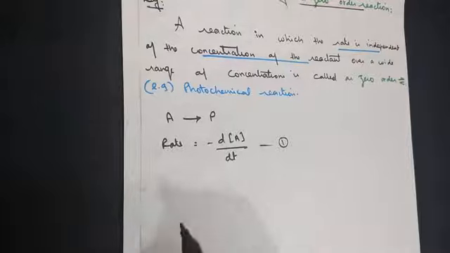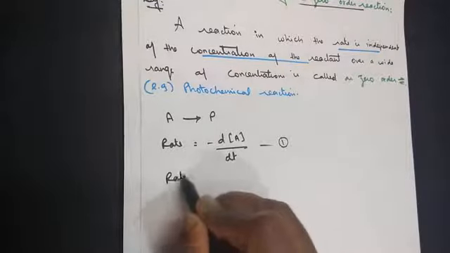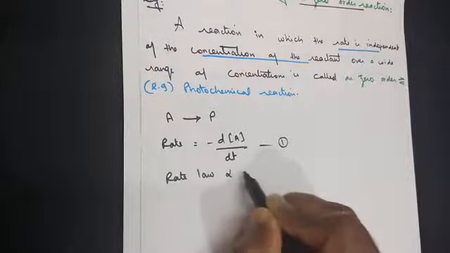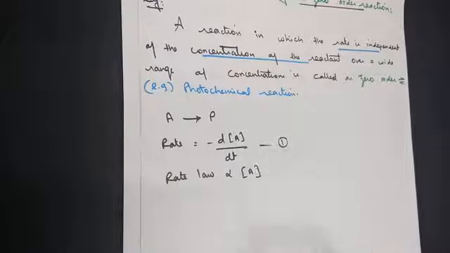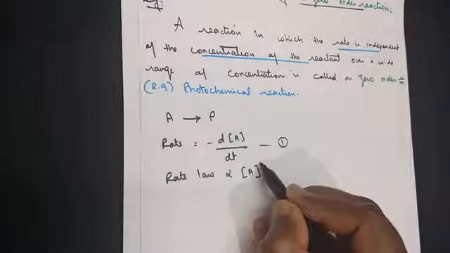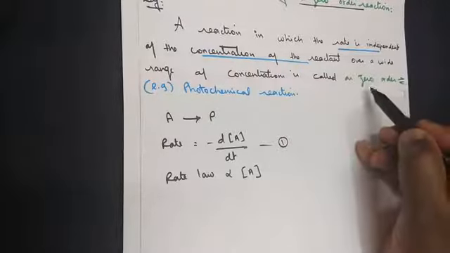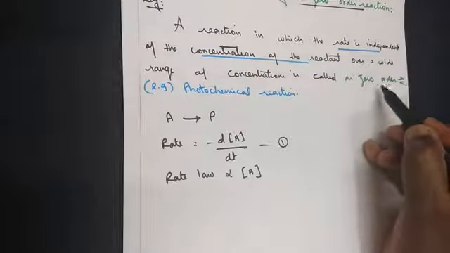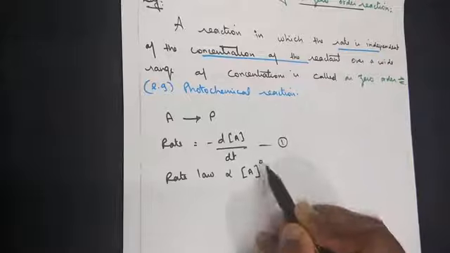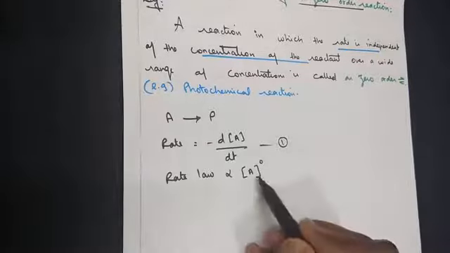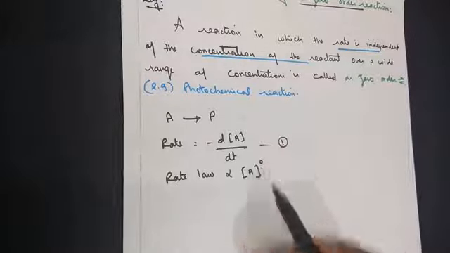Writing the rate law for the reactant, rate law is proportional to the concentration of the reactant. Now in case of first order reaction, we have taken the power to be 1. Now what order reaction are we studying? Zero order. So let's take here A, concentration of the reactant, to the power 0.